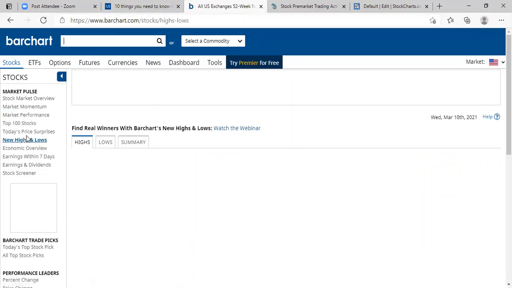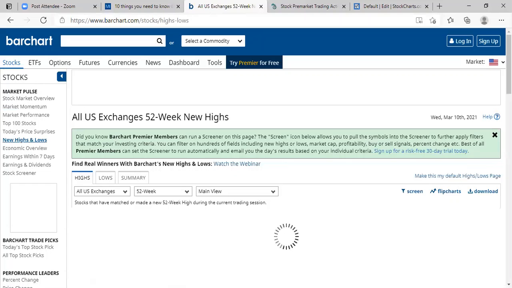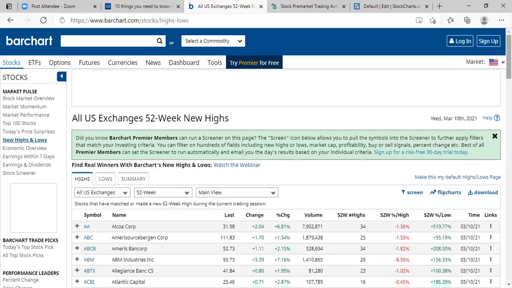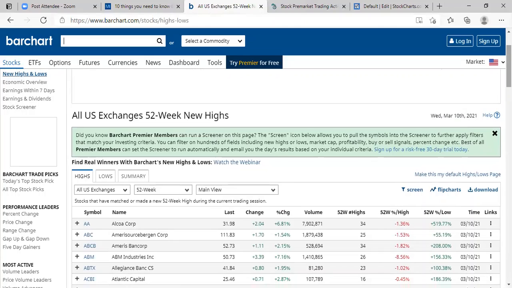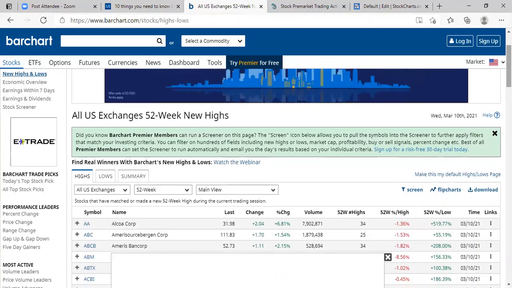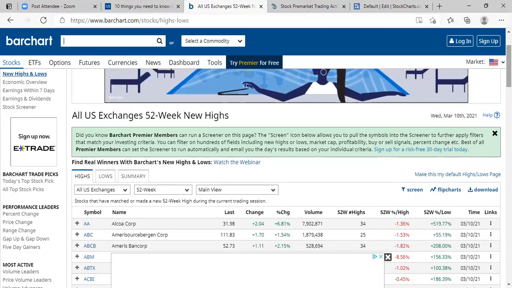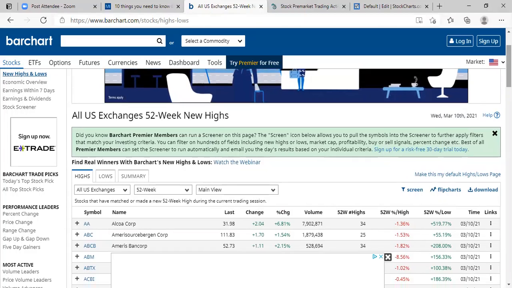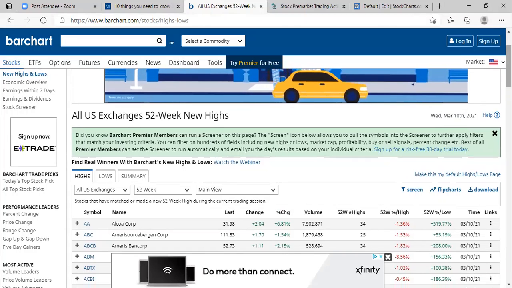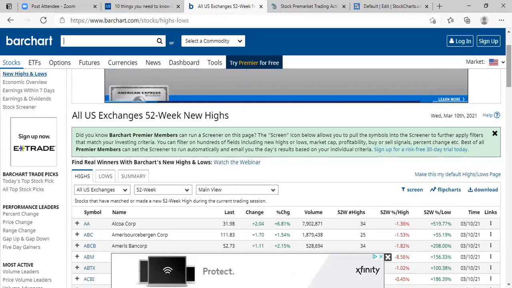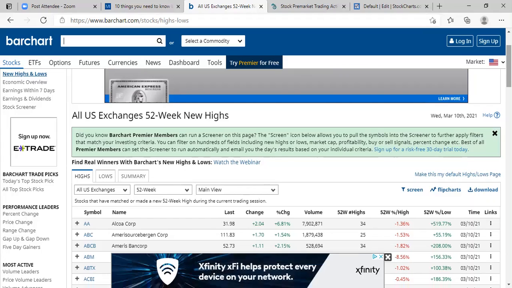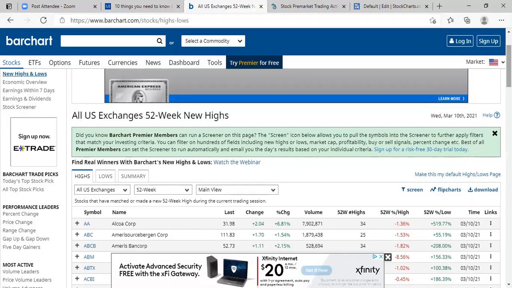Obviously, people are looking at them, and this probably sounds contrary to popular opinion, but when it comes to this 52-week high list, despite the fact that these stocks are at their highs, the 52-week high is the highest point that a stock has made over the past year. So despite the fact that these stocks are at the top, there's a theory based around momentum behind that, where these stocks continue to move up.